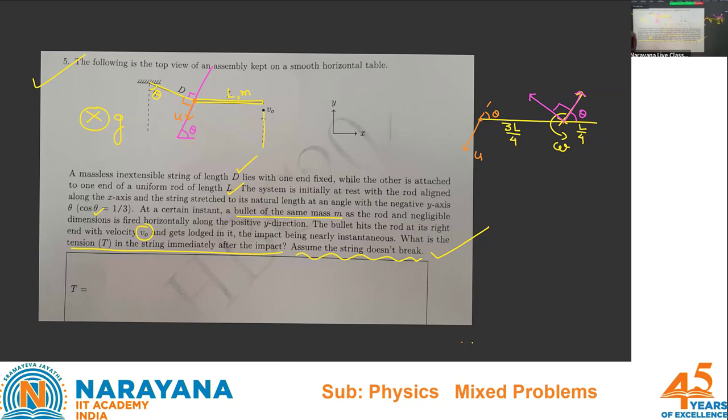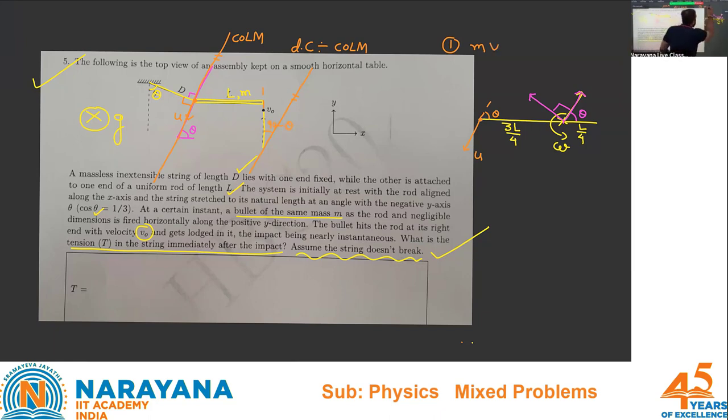One more thing. During the collision, I'm interested in conservation of linear momentum, but that I can do only along the purple line, because of this impulsive tension here. So this is my line of action for conservation of linear momentum. Let me write my first simple equation. I would have written m into v naught here. With respect to the line parallel to this, this angle is 90 minus theta.